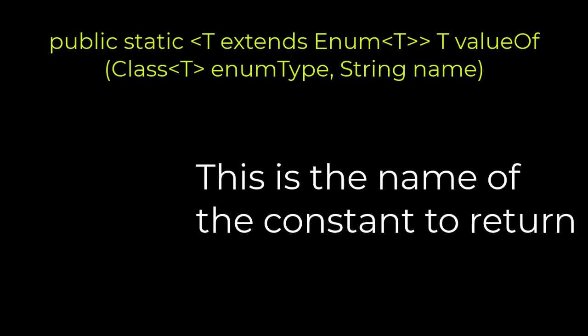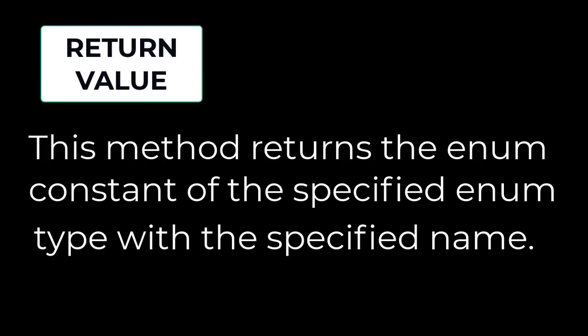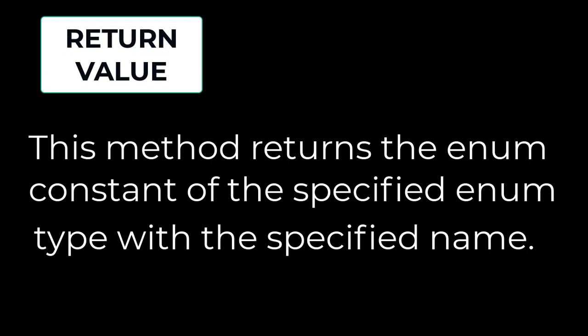Now, when we're talking about the return value, this method returns the enum constant of the specified enum type with the specified name. There are also what we call exceptions.